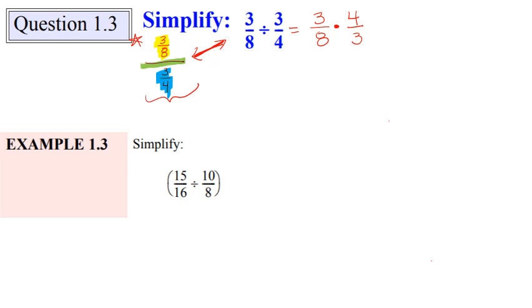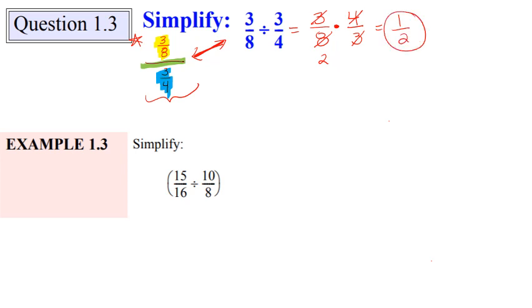I don't really like saying flip, but I'd say reciprocal. But yes, you do flip the numerator and the denominator in non-mathematical terms, but I use reciprocal because I'm a math nerd. So now we do what we did before in lesson 1.1. I'm going to reduce by 3, get 1 and 1. Reduce by 4, get 1 and 2. And my final answer is 1/2.